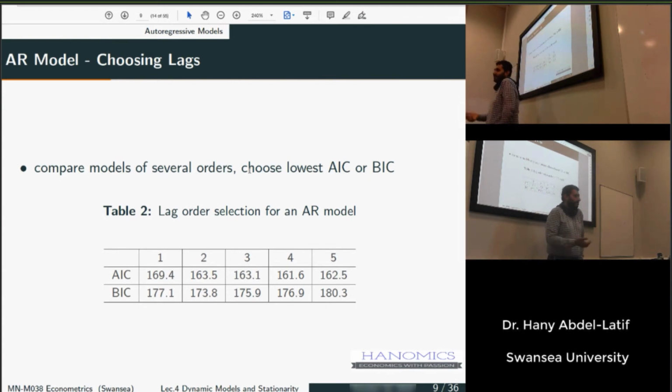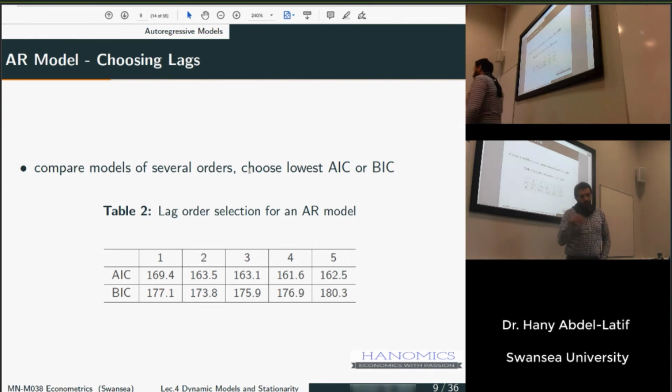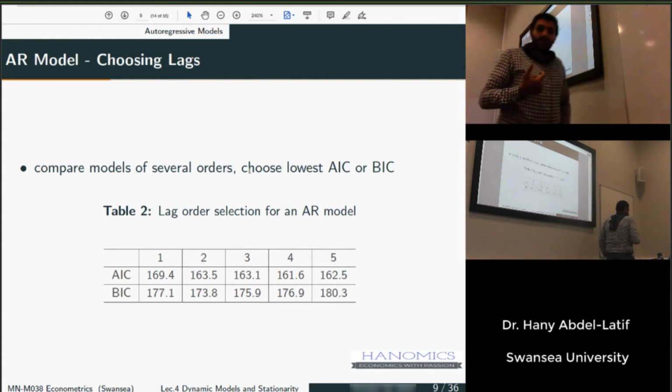There might be no reason to go back more than 1 year, because any seasonal effect or anything else will be backed up from last year. I might understand that. But if you have monthly data and you say, oh, I estimated a model with one lag, are you sure? You need to check your specification.